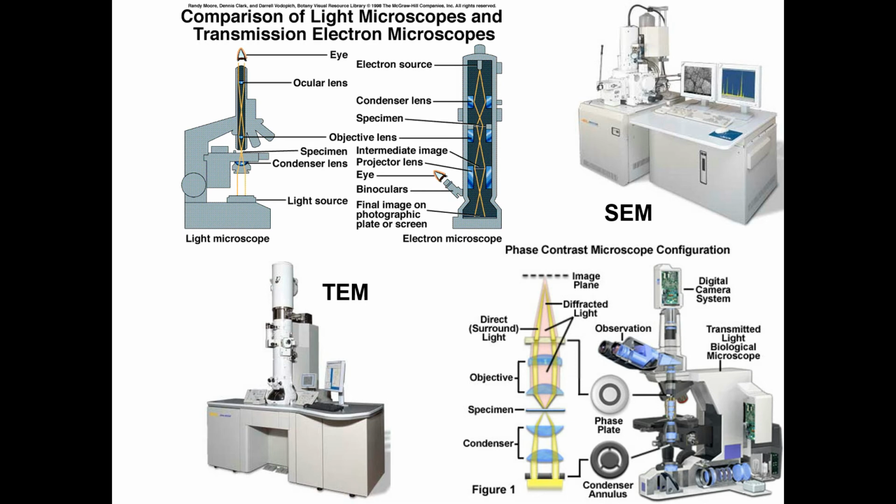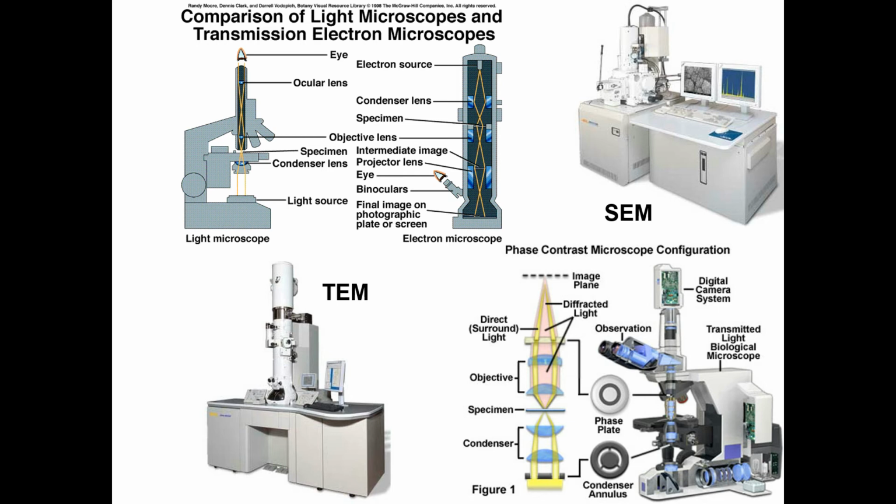All right, so we also have another type of microscope called a phase contrast microscope. In this case, the idea with phase contrast is you're controlling and regulating light as it passes through your specimen.